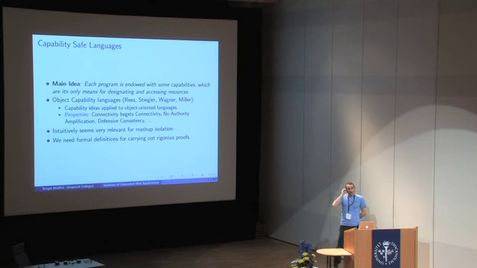So we looked at capability safe languages, because that's a setting where there are very nice abstractions and programming paradigms to talk explicitly about privilege and controlling the propagation of this privilege. In particular, object capability languages use these ideas from general capabilities in the context of object orientation.